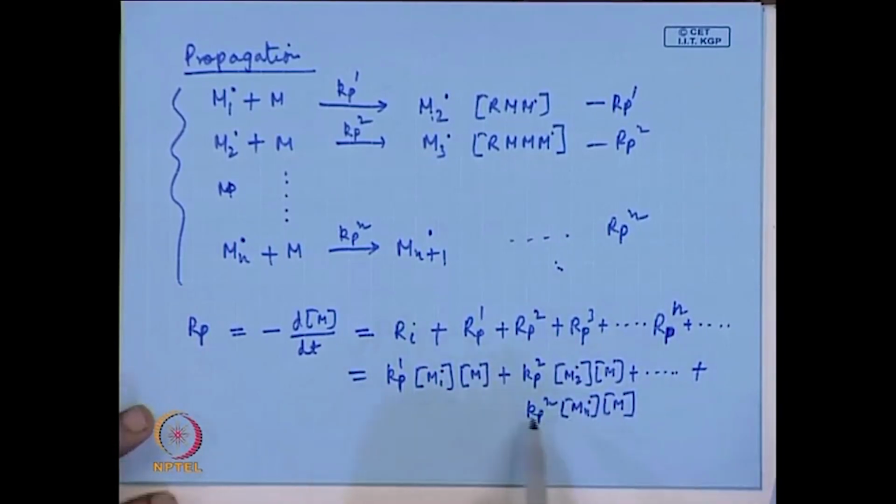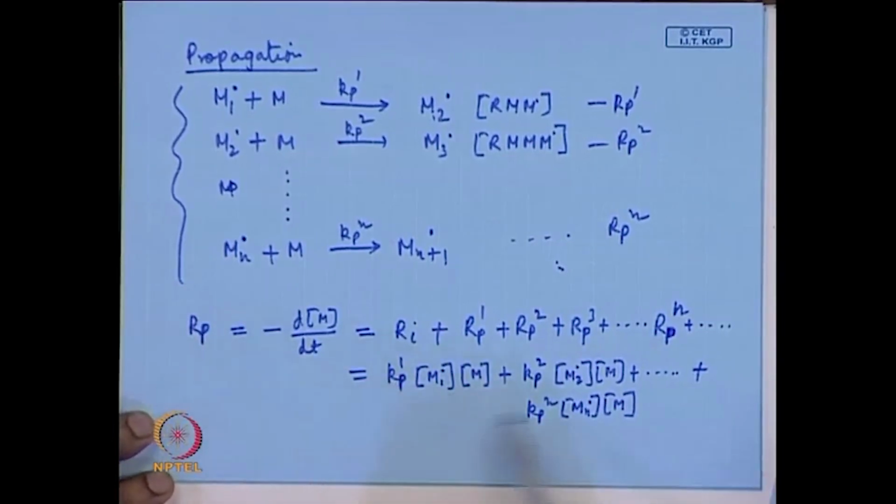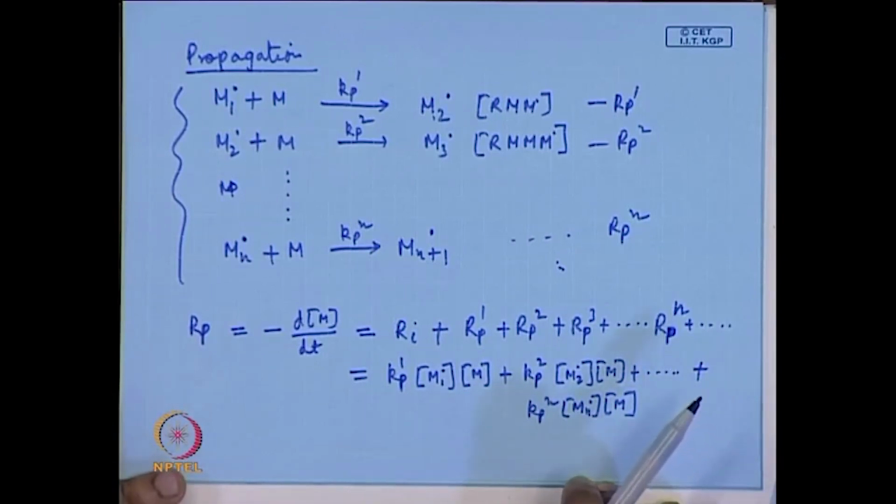Now, it is very difficult; if you want to find this out, you have to know all these rate constants Kp1, Kp2, Kp3, Kp4 and all these things. That is practically impossible.